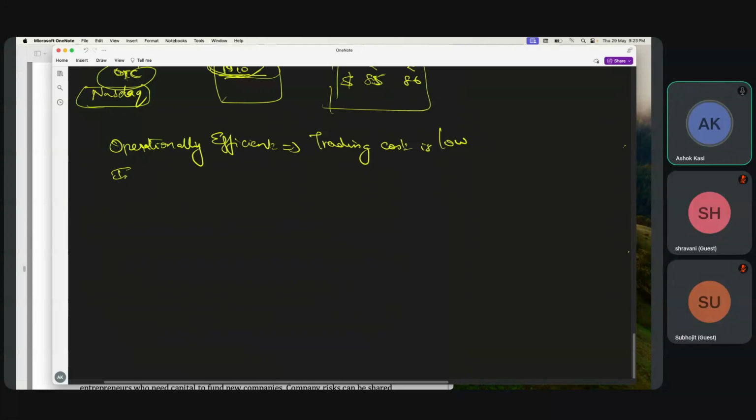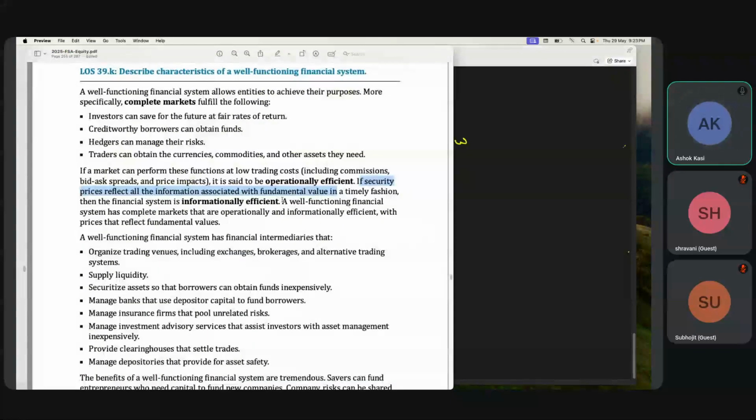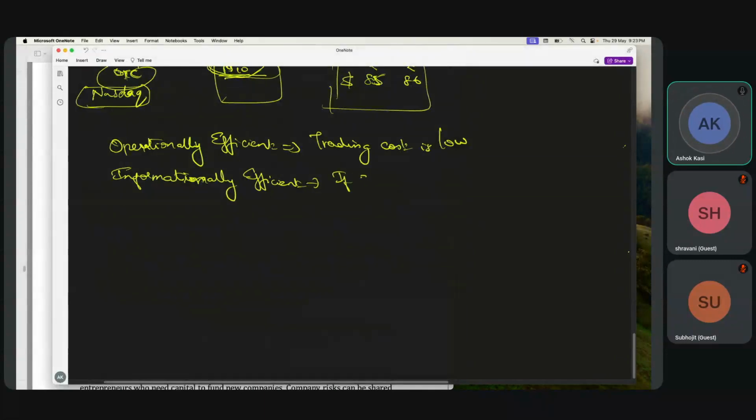So informationally efficient means if security price is reflecting all the information.